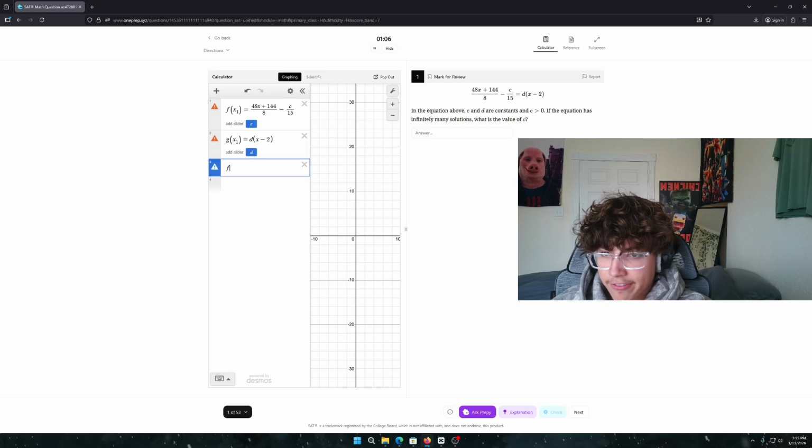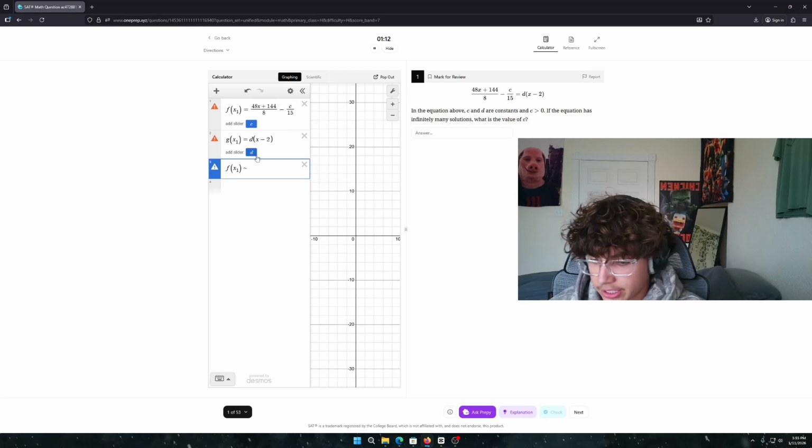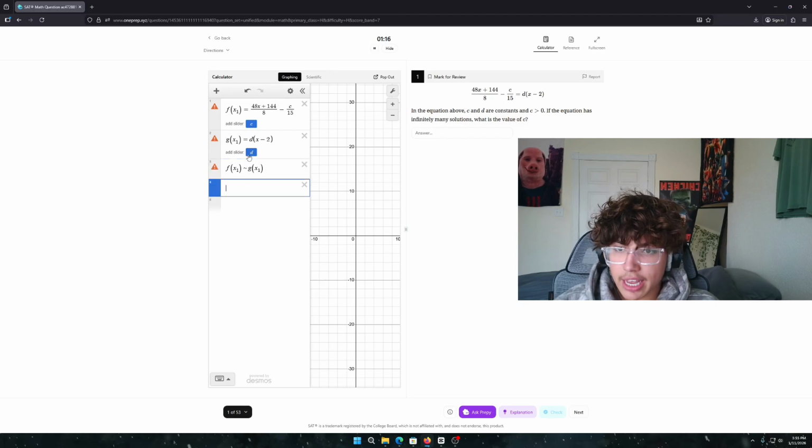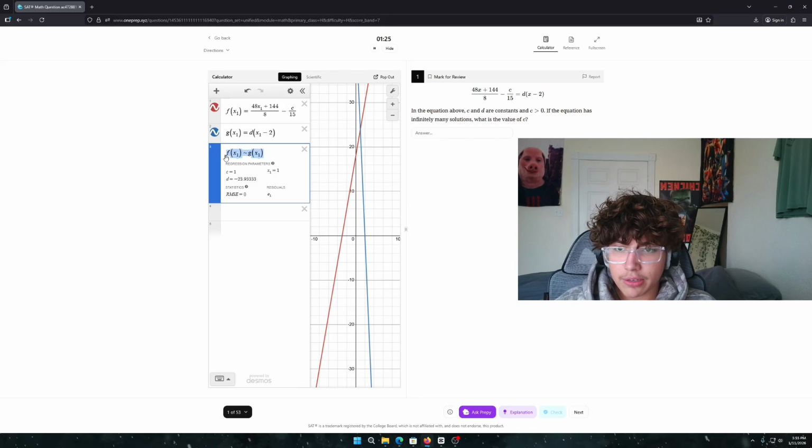I'm going to say f of x1, this equation, is equivalent to this equation, g of x1. I basically said this is equal to this, but in fancy terms.